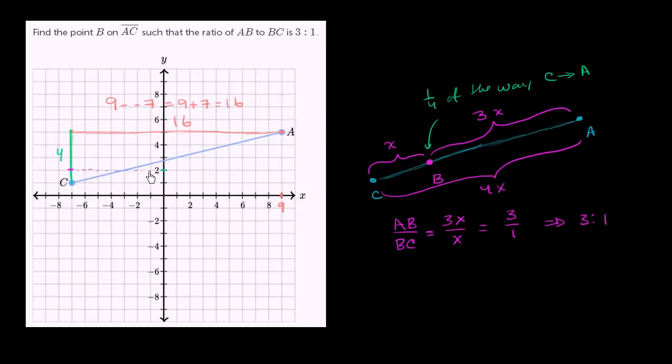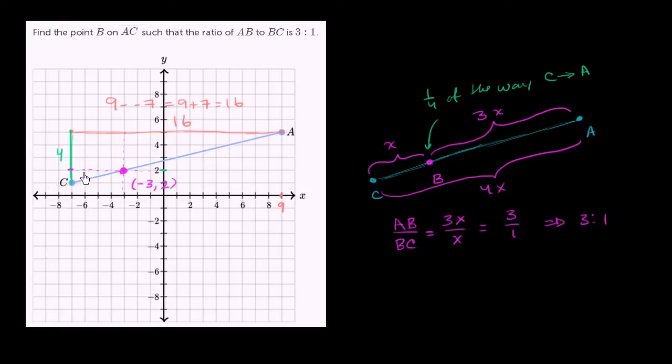Our y is going to be equal to 2. And if we go 1/4 in the horizontal direction, 1/4 of 16 is 4. So we go 1, 2, 3, 4. So we end up right over here. Our x is -3. We end up at this point, this is the point -3, 2.